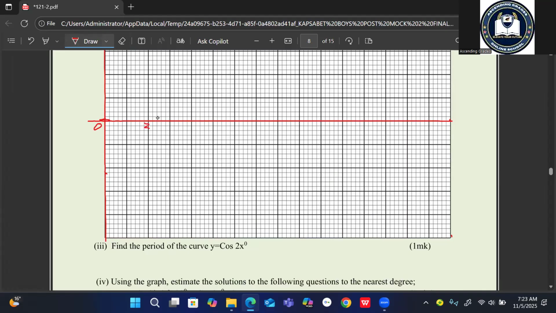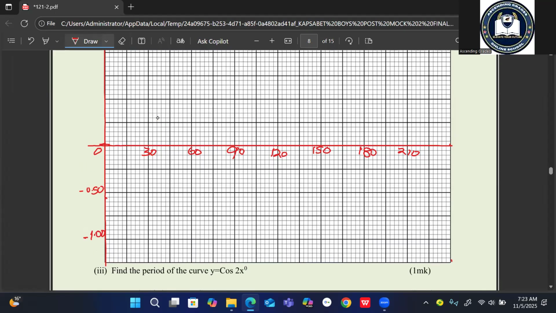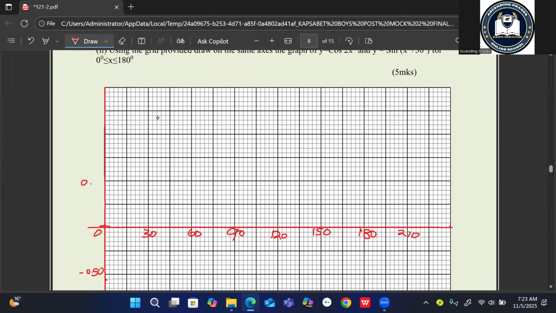So go to 30, 60, 90, 120, 150, 180. The other one can begin here with negative 0.50, then negative 1.00, positive 0.50, then 1.00.